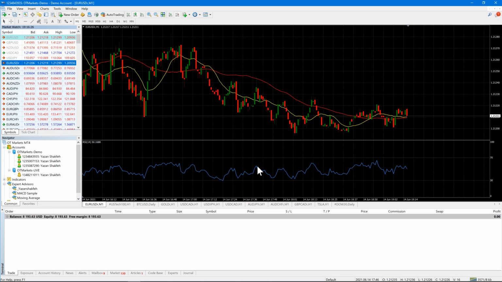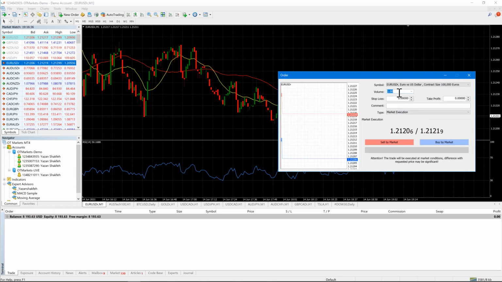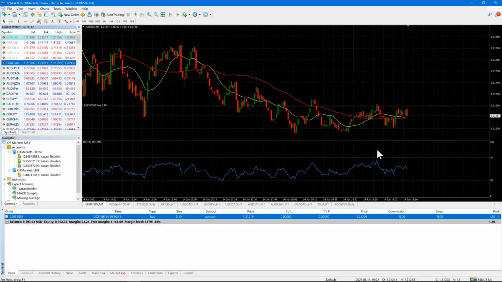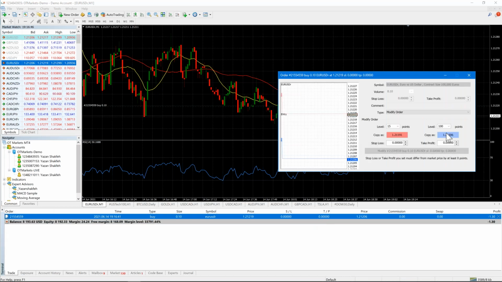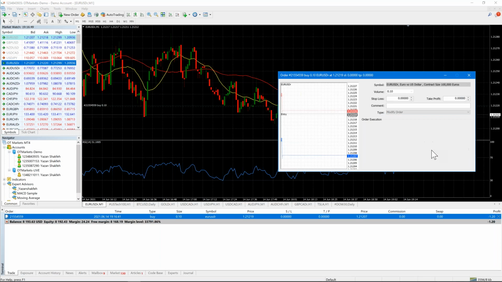My entrance signal is, in case the yellow line is above the red line, I will buy. Simple. I'll buy like 0.1, for example, which is $10,000. My take profit will be, let's say, 20 pips, which is 200 mini pips.